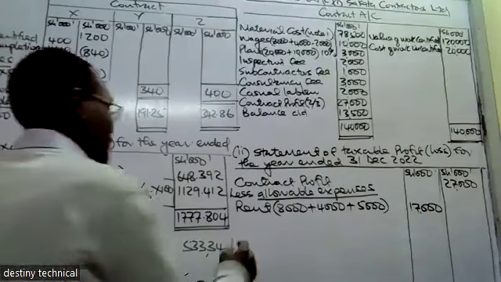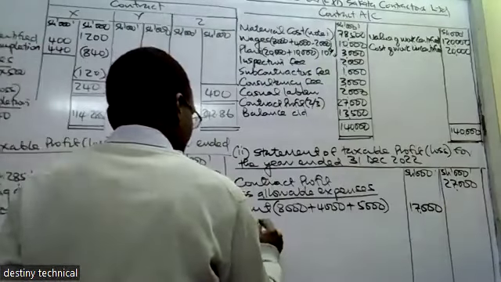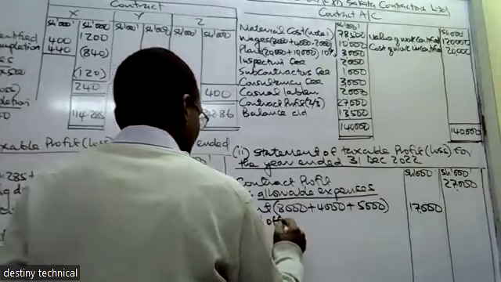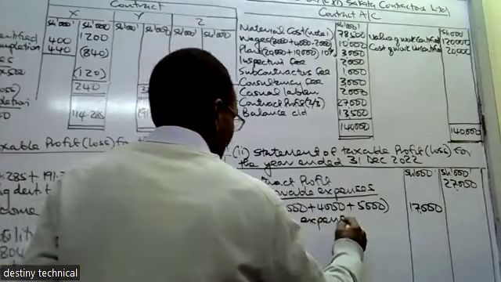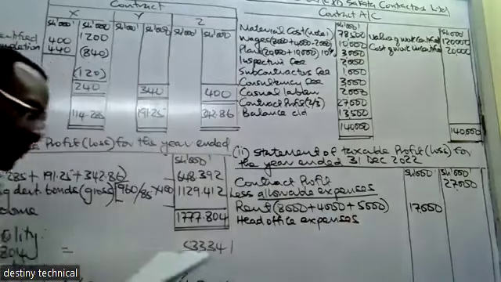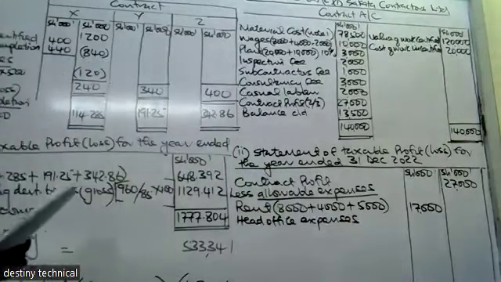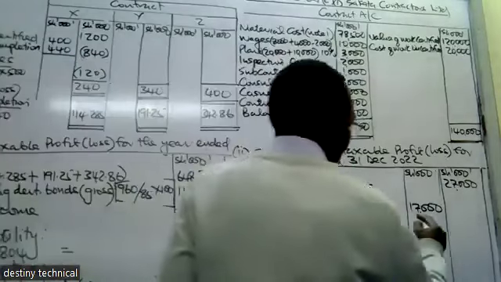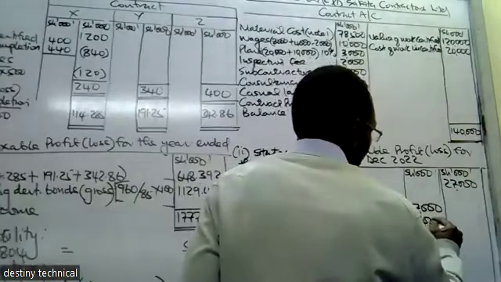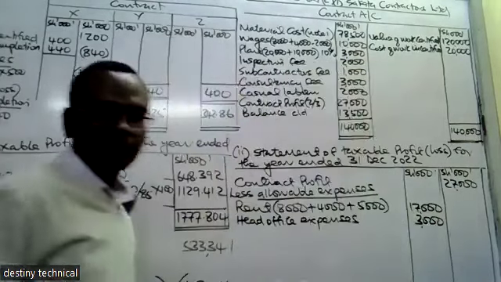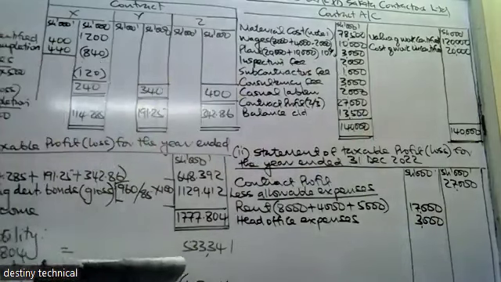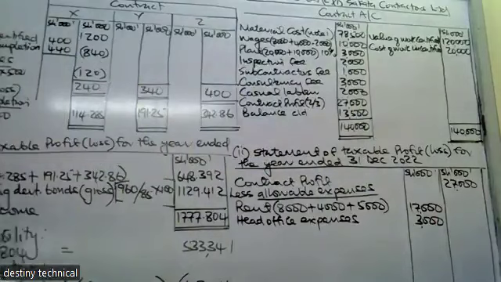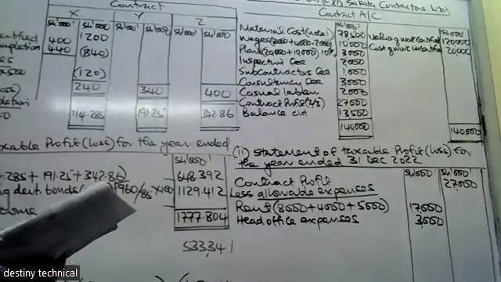Then we have head office expenses, the 3,000. That's head office expenses. Then there are other expenses.